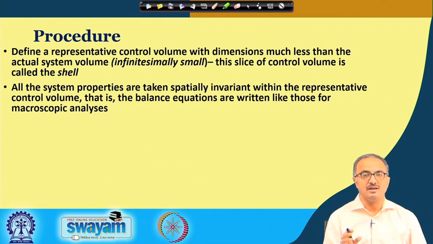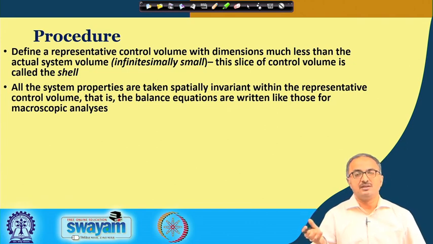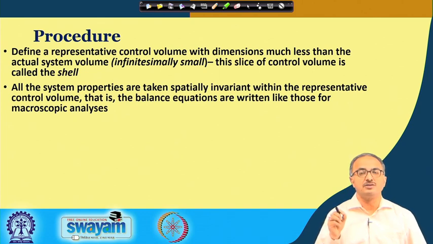And as you found in the derivation of the microscopic balances, there also we started with a control volume. For example, in Cartesian coordinates, the control volume has a volume of delta x, delta y, delta z, with finite dimensions. But when we ultimately derived the balance equations, we put delta x, delta y, delta z tending to 0. That means we are making them very, very small.